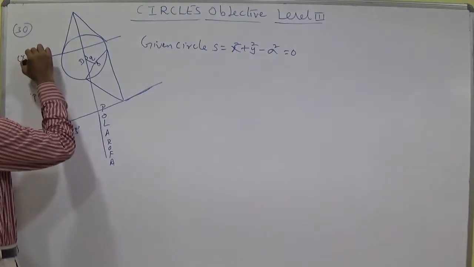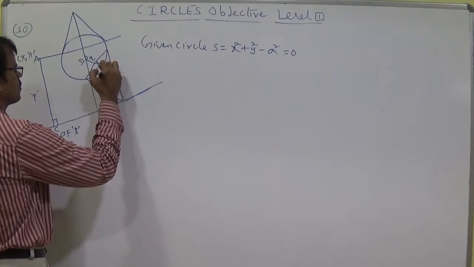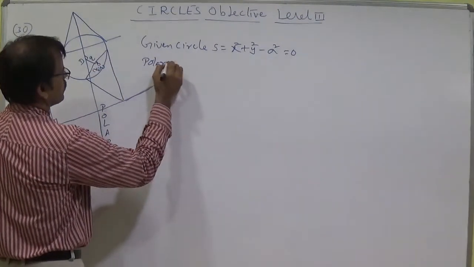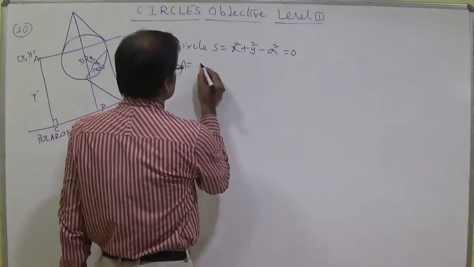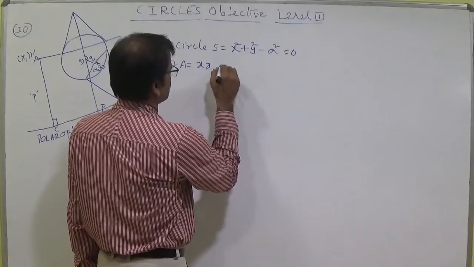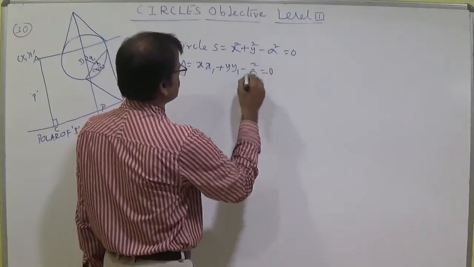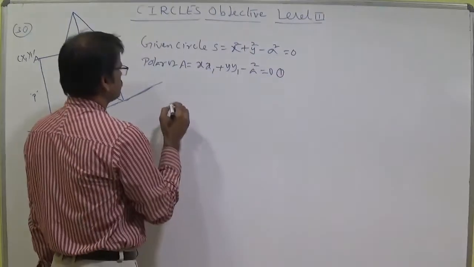The point A is x1 comma y1 and the point B is x2 comma y2. Let us write the polar of A. Polar of A, formula S1 equal to 0, the notation xx1 plus yy1 minus a square equal to 0. Let this be the first equation.